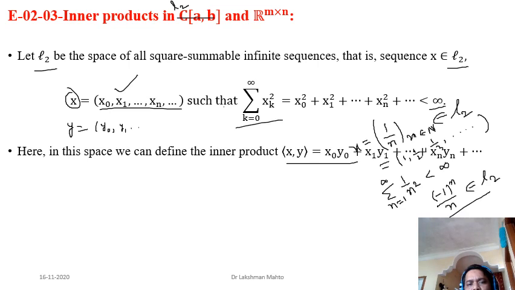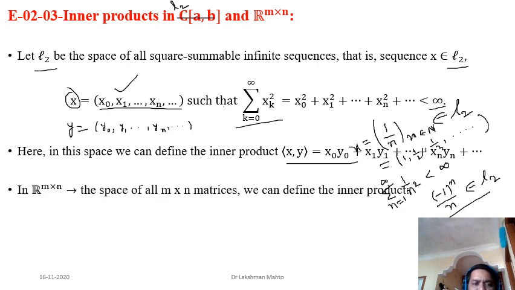So do component wise multiplication and sum it up, and it will give the inner product between these two sequences x and y. So it defines an inner product in this L2. So we can say that L2 is an inner product space, and the rest of the properties you can verify yourself.